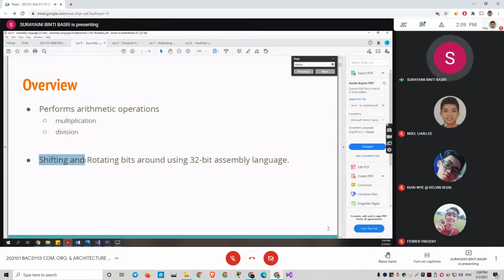But for shifting and rotating, we will cover that in the next session, because this lecture is a lot. So this session we will only cover these two.